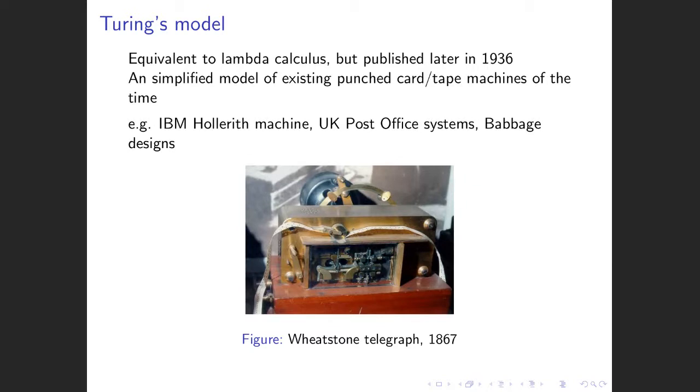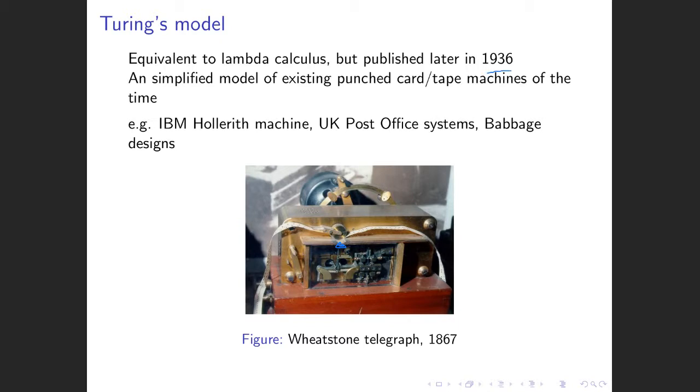And what you see here is a long piece of paper tape with holes punched in it representing zeros and ones, and you can see there is a head which is reading or writing to one particular location on the tape at a time. And there was a whole family of machines like this in very common use by 1936.